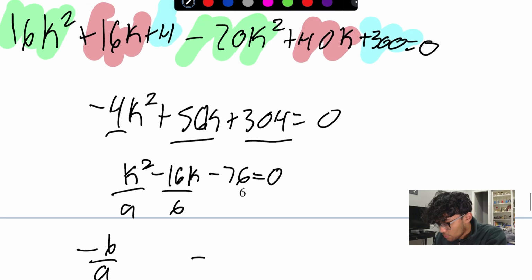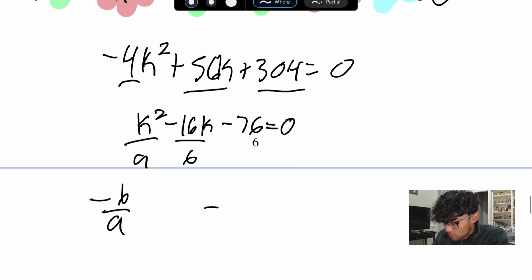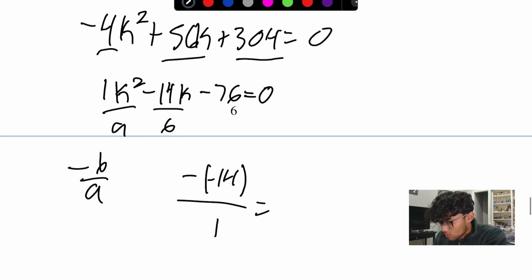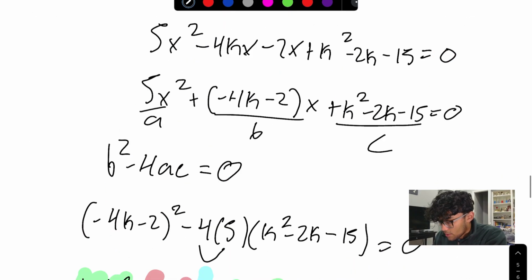What is 56 divided by 4? Oh, it's 14, bro. What am I doing? So we have negative 14 over 1, so this is equal to 14. So yeah, I'm pretty sure 14 is the answer.